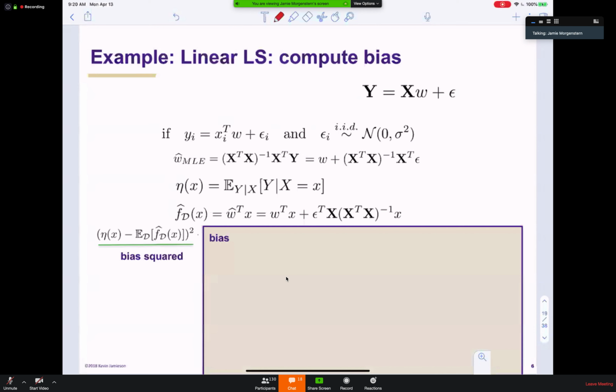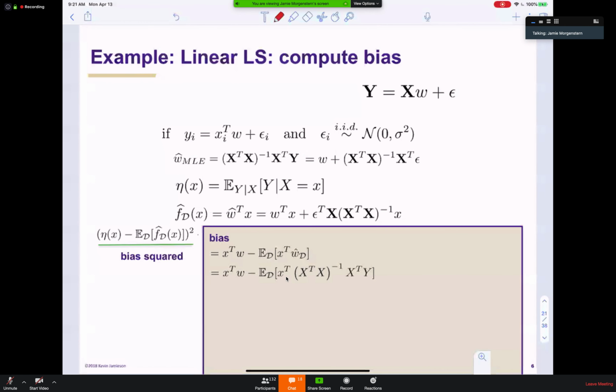Okay, so let's just work on this bias term and ignore the square for the moment. If we just write this out, eta of x is equal to x transpose w. And the expectation with respect to the draw of our sample of f hat of D of x is just equal to this right here.